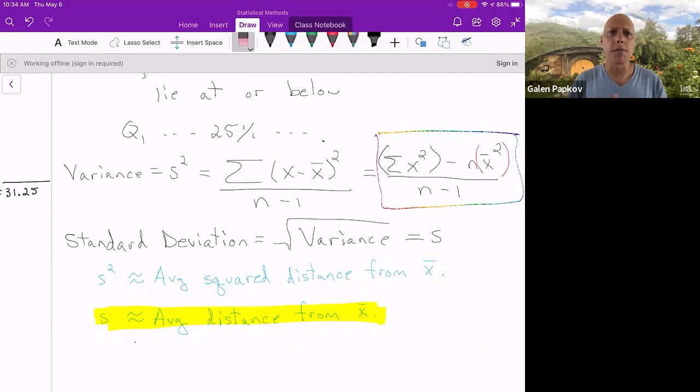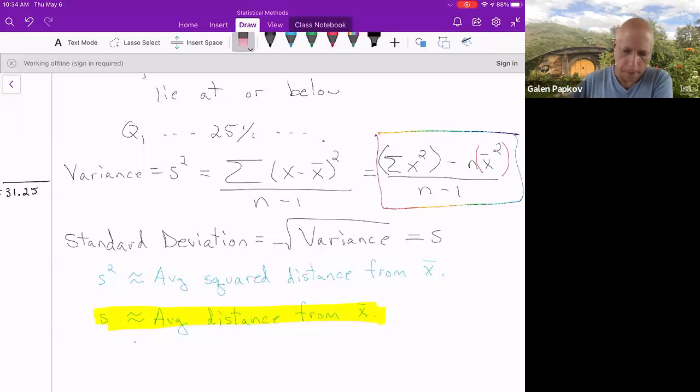So what do these concepts mean? Well, the s squared, or sample variance, is approximately the average squared distance from the mean. When you square root that, you essentially have the average distance from the mean, which is a bit easier to grasp. So in practice, standard deviation is a common concept to compute.